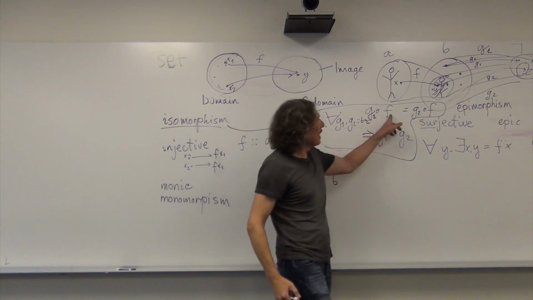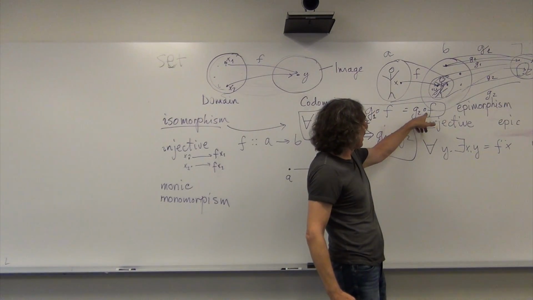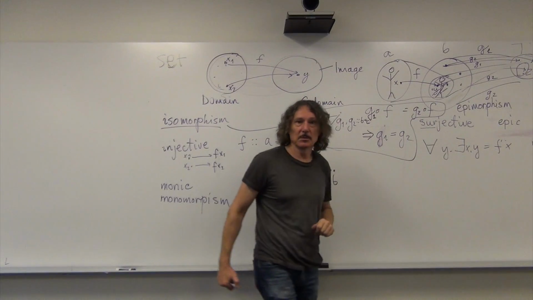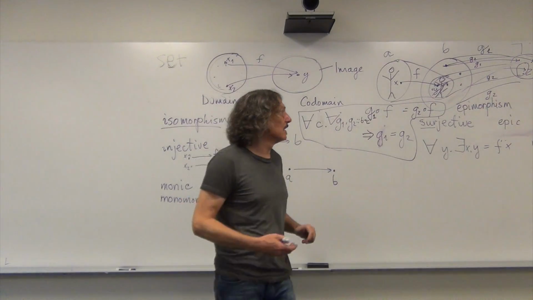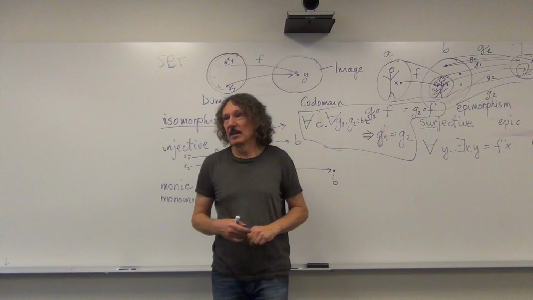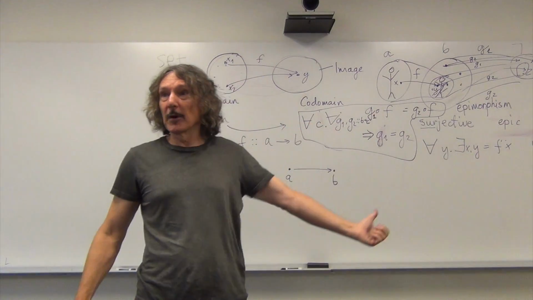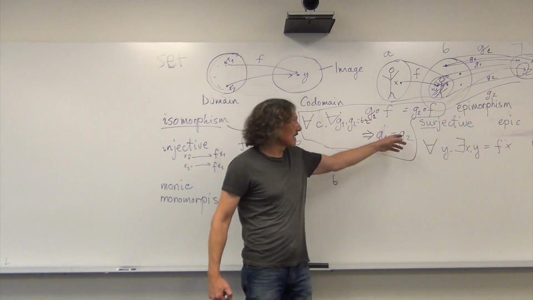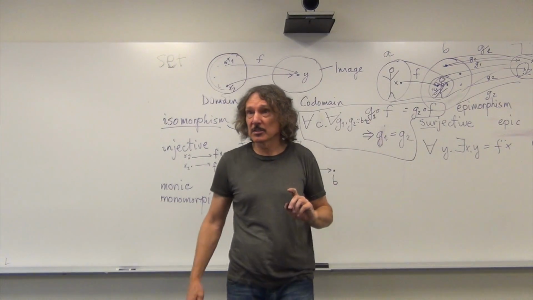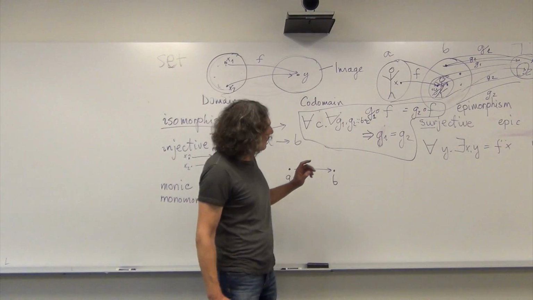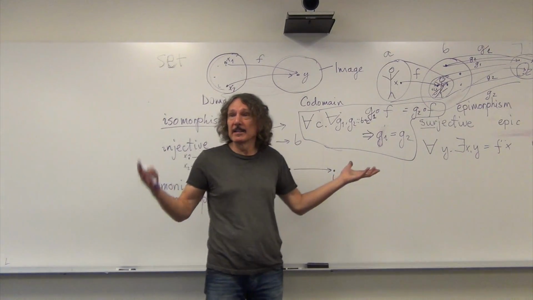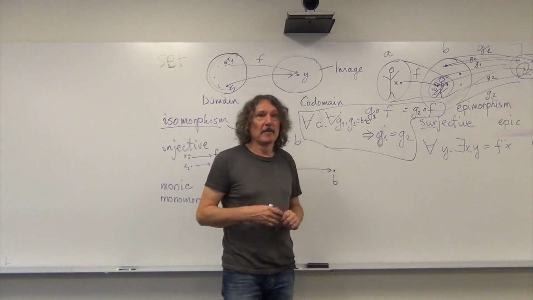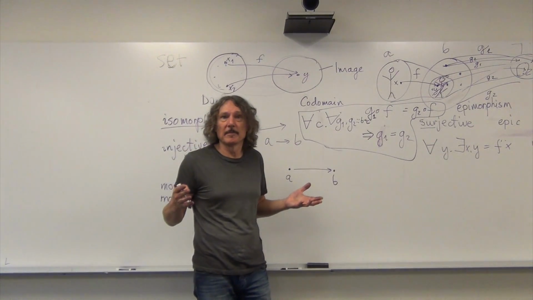If from G1 F equals G2 F follows that G1 is equal to G2, then this is an epimorphism. And this definition will work for any category. In the category of sets, this is just exactly the same as a surjective function, right? But in any category, I can define something like this, because I'm only using composition.